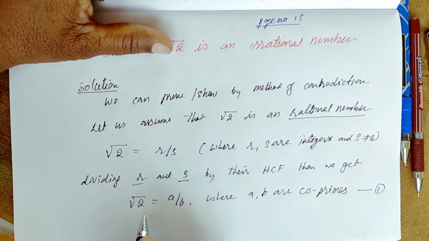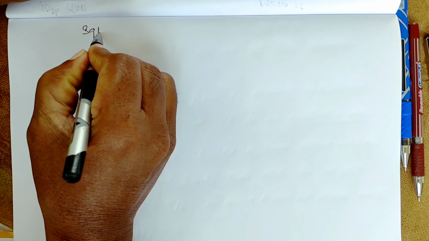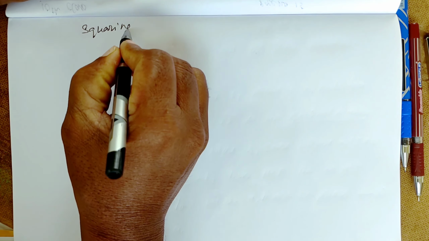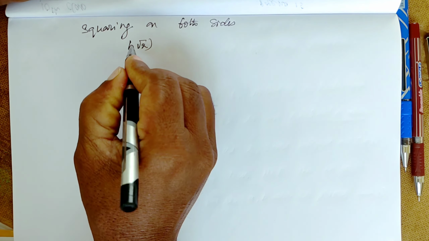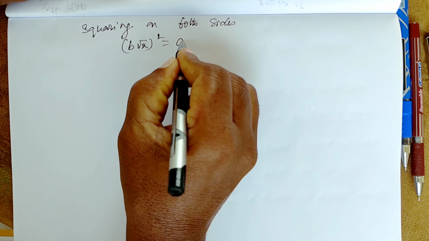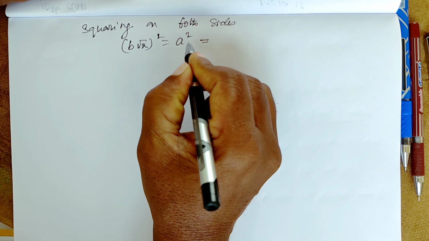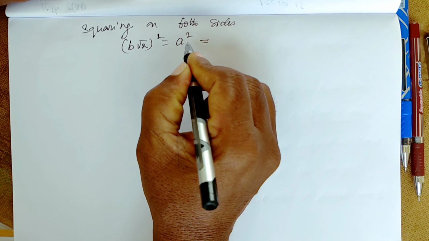Transposing B to the left side, we get B root 2 is equal to A. Squaring on both sides, B root 2 whole square is equal to A square, that is B square 2 is equal to A square.